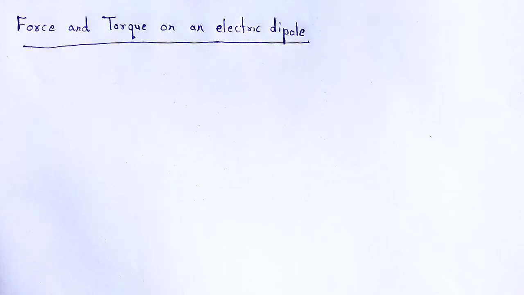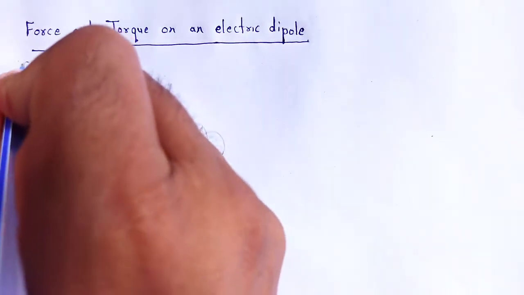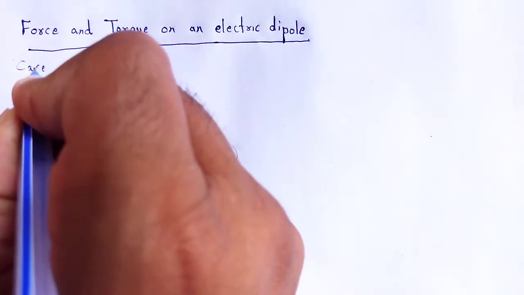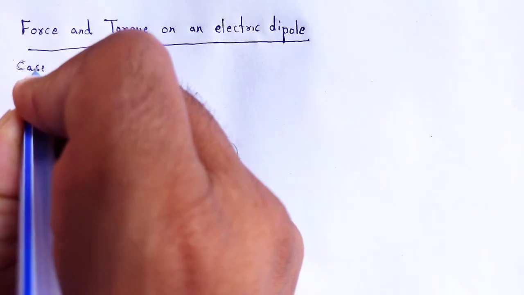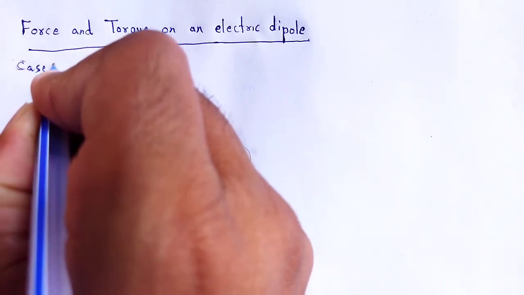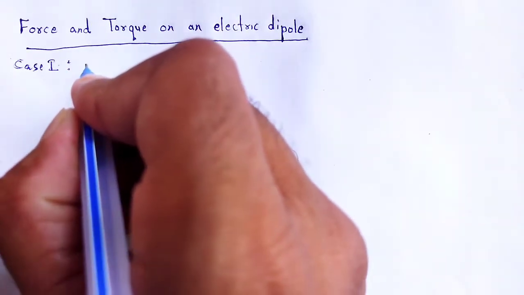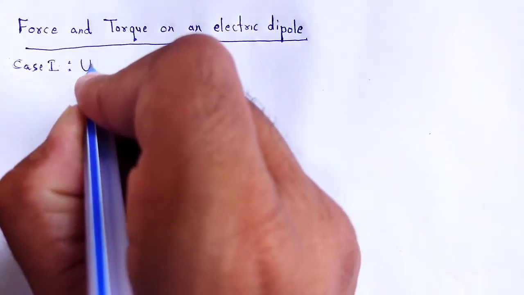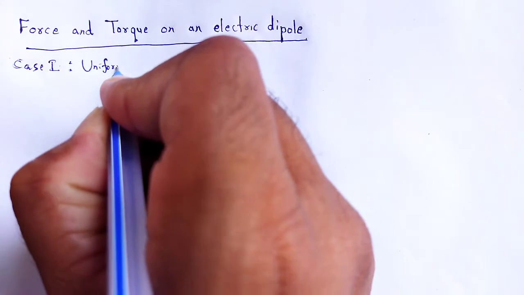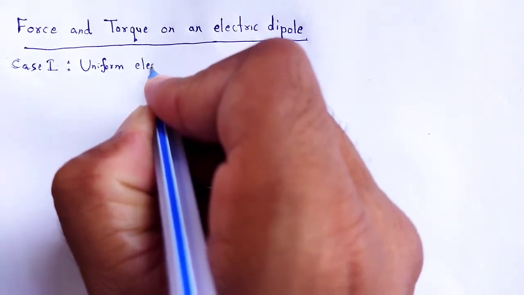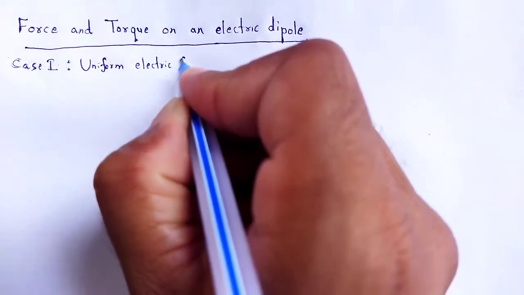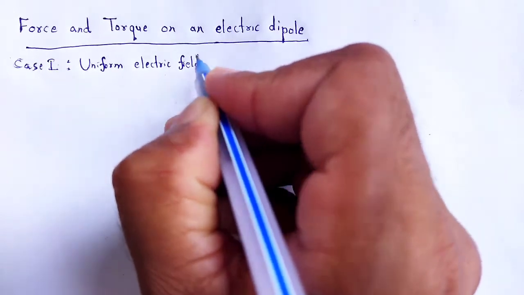So first, case 1: when the electric field is uniform.